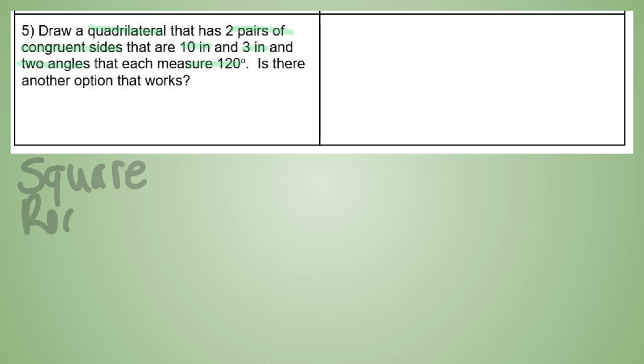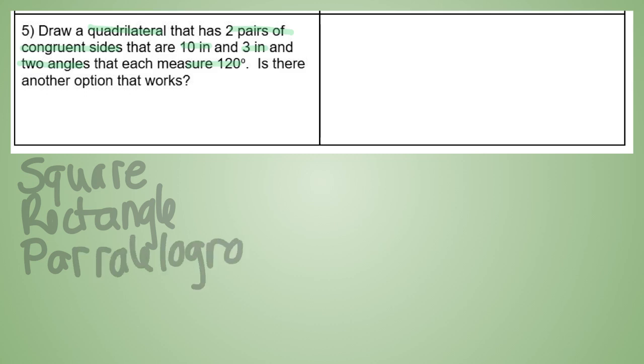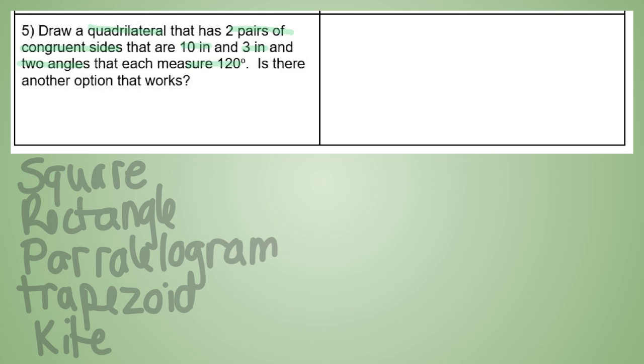We could do a rectangle. We could do a parallelogram. We could do a trapezoid. We could do a kite and a rhombus. All right, I think I have them all. So that would take care of the quadrilateral.